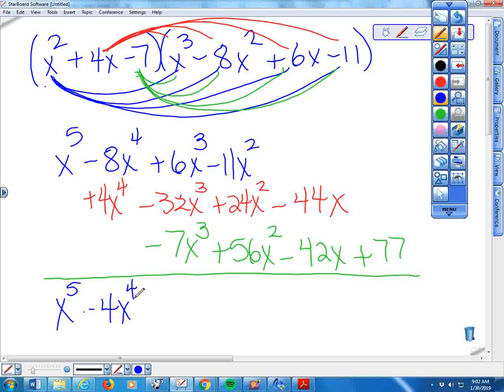Well, 6 minus 32 is what? Negative 24. Minus 7 is negative 31. Negative 11 plus 24, that's 13. Plus 56 is 69. And negative 44 minus 42 is negative 86.